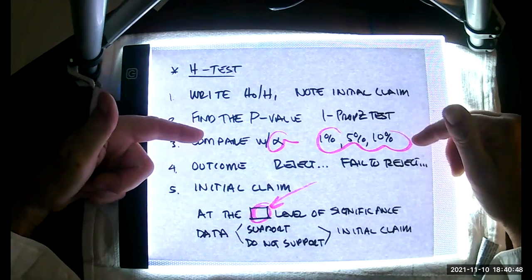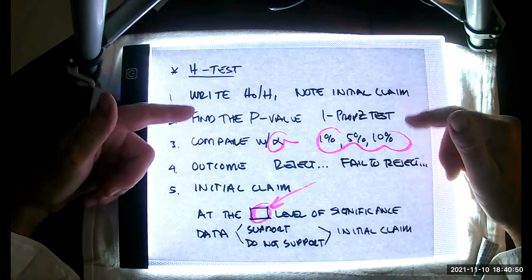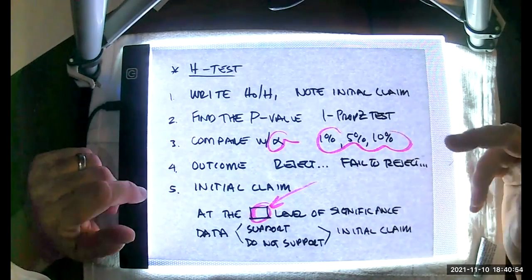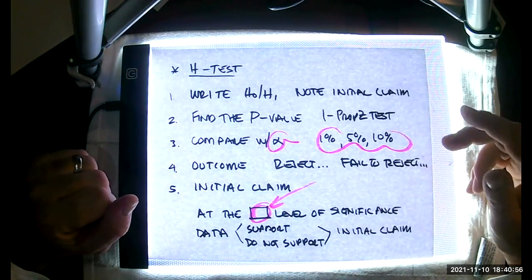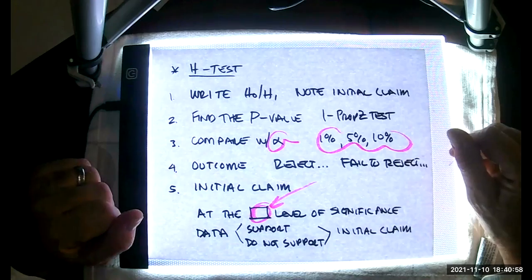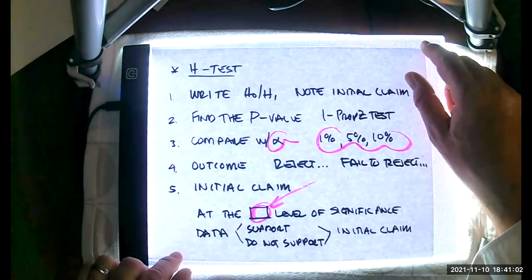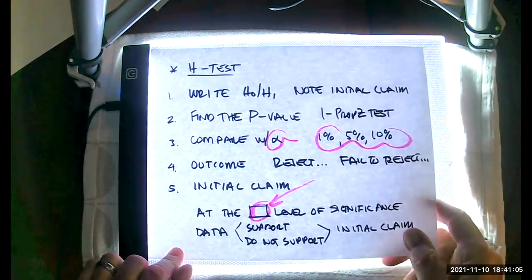But the process of getting a p-value and comparing it to the alpha, determining your outcome and addressing the initial claim, that doesn't change. It just doesn't change. So it's really nice because once you get this down, that process just is always the same. So let me go ahead and take a look at one of these, get this out of the way. Then I'll go ahead and begin my discussion in 8.3.